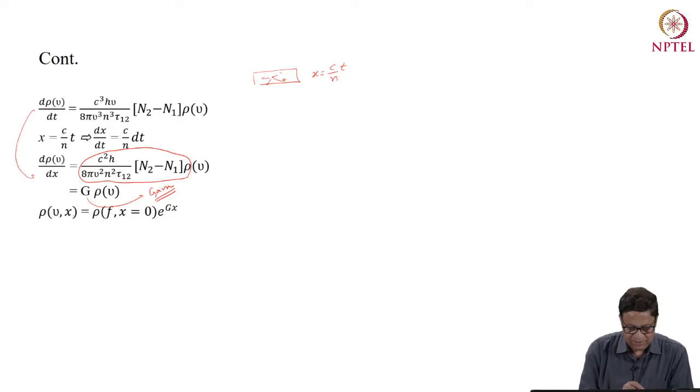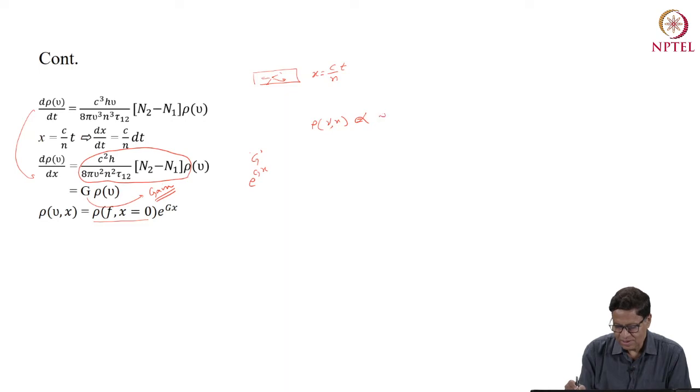If I solve this equation, the flux density as a function of distance inside the laser cavity and a function of frequency is given by some constant rho at x equal to 0 into e raised to the power gx. Notice here that g, the gain factor, is in the exponential. So the power as a function of x is proportional to e raised to the power gx.